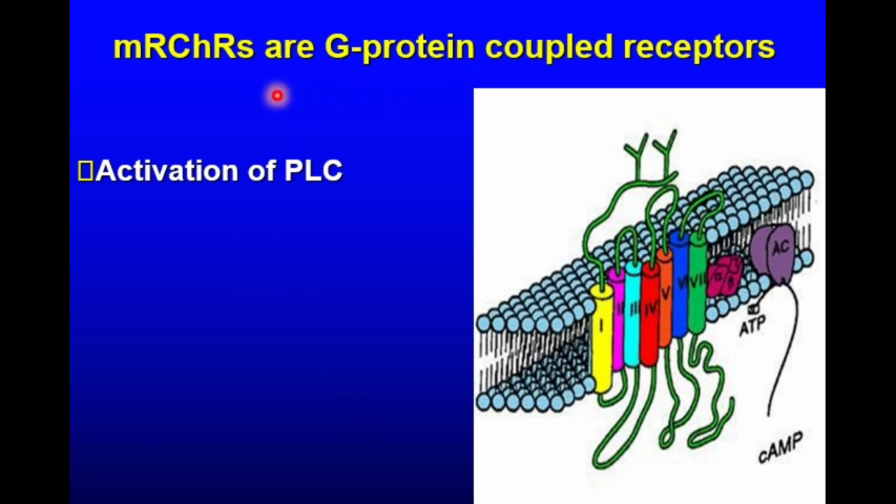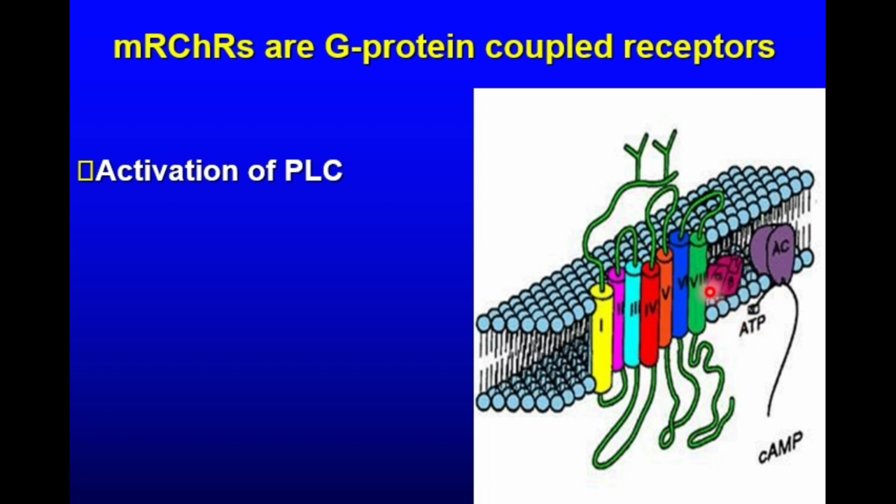Muscarinic receptors are G protein coupled receptors. They are membrane receptors that are coupled to an intracellular effector system via a G protein.